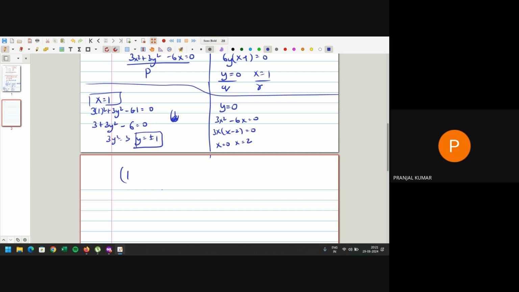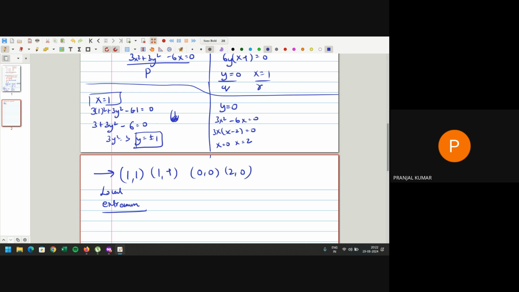You have got 1, 1, then 1, minus 1. Then 0, comma 0 and 0, comma 2. So these are your four local extrema. And one more, 2 comma 0. Thanks for correcting. So these are your local extrema.